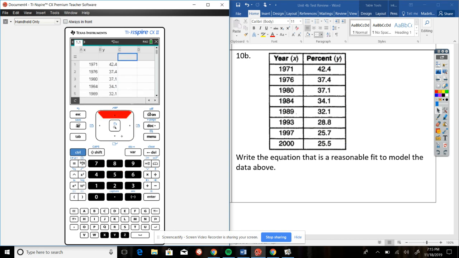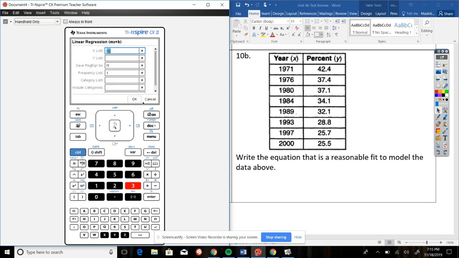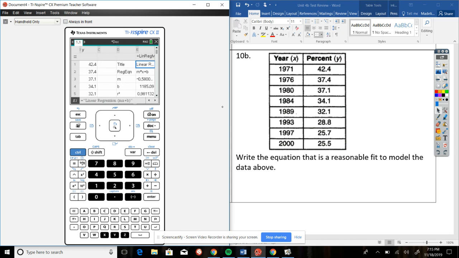Then find a white box. Make sure it's highlighted blue on your calculator. Then we hit Menu, 4 for statistics, 1 for stat calculations, 3 for linear regression. I have X for X list, Y for Y list, hit OK.